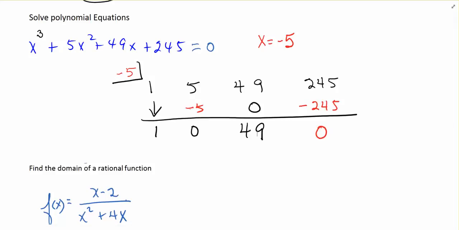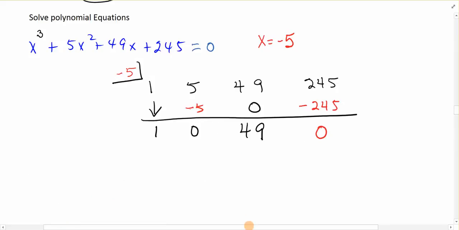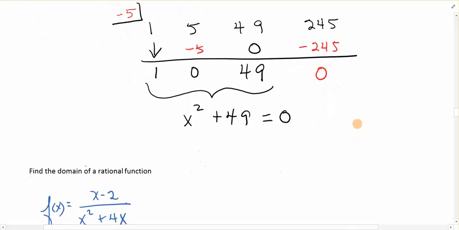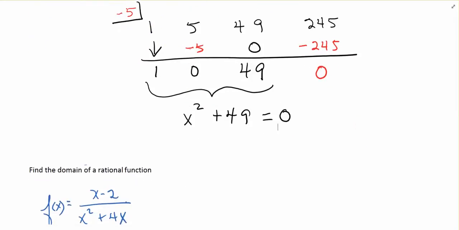Why should we get 0? There's no remainder. We knew it was a factor. We knew it was a solution. Now, if we want to return this into x form, what is it? Plus 49. Okay, no x's. I'm going to set that equal to 0. Now I can solve a quadratic. Okay?